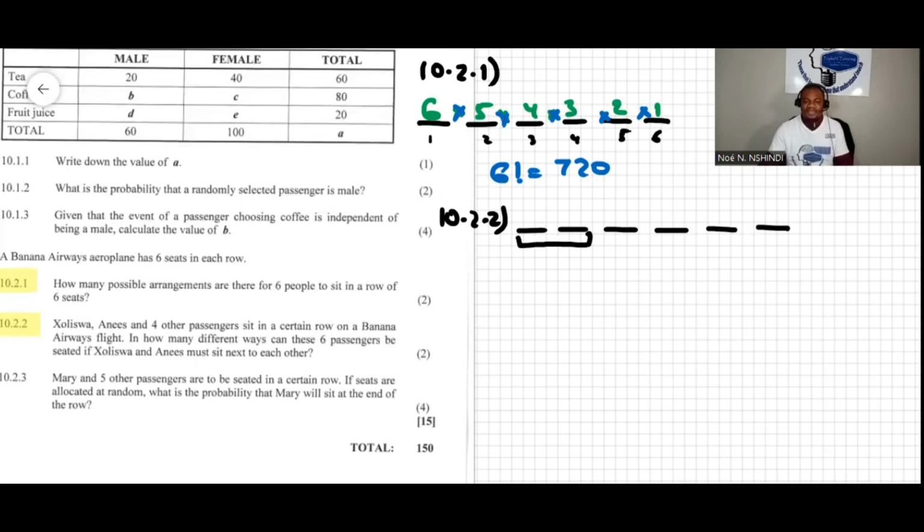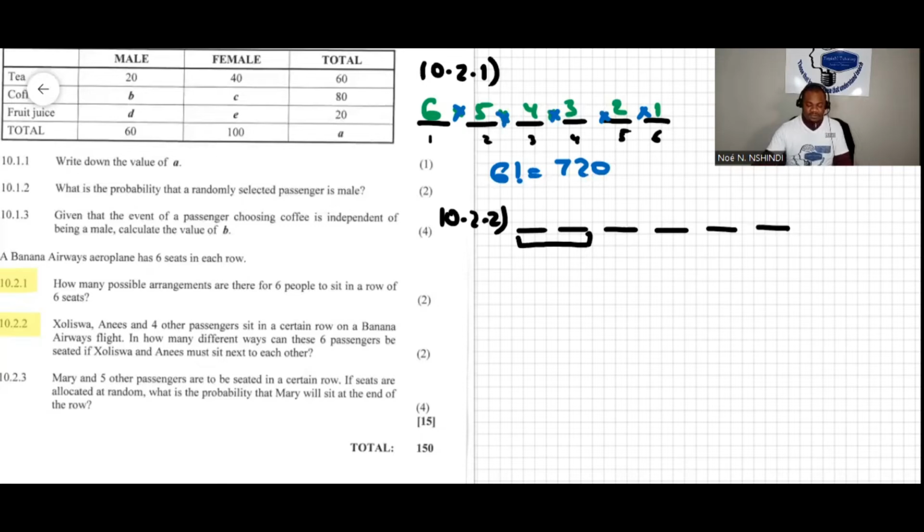In how many different ways can these 6 passengers be seated if Colisa and Anis must sit next to each other? We will consider Colisa and Anis together, they form one unit, one block. It's like we have 5 blocks here.